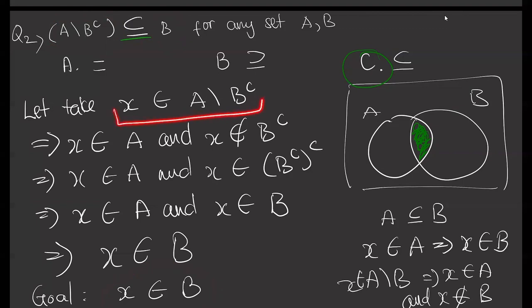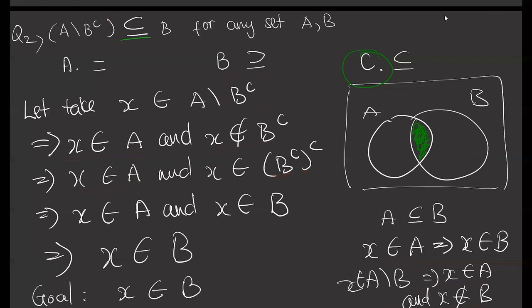Okay, so from this one, we use the definition of set. The definition of X in A excluding B is X in A and X not in B. But in here, this one is in the position of B in the definition. So we know that X is in A and X is not in B complement. Okay, which means X is in A and X is in the complement of B complement.